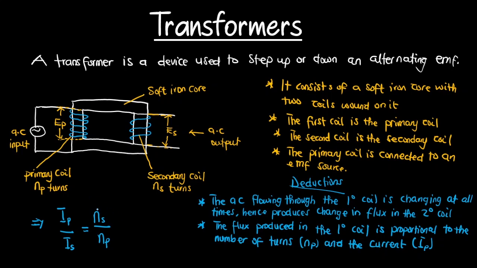Okay, now if you look at this, it is inversely proportional, which means that the current flowing through the primary coil is inversely proportional to the number of turns of the coil, right? And the same thing, the amount of current flowing through the secondary coil is also inversely proportional to the number of turns on the secondary coil. Okay, so this is the relationship.